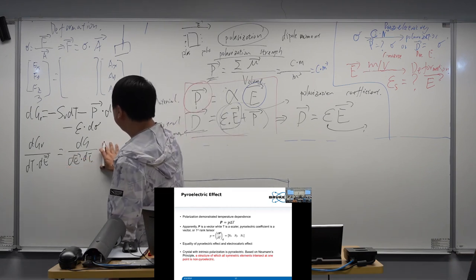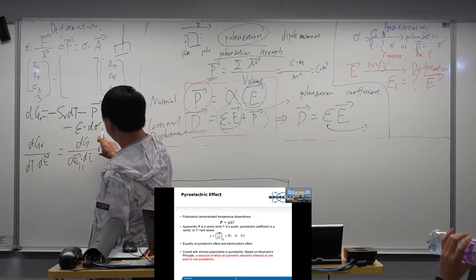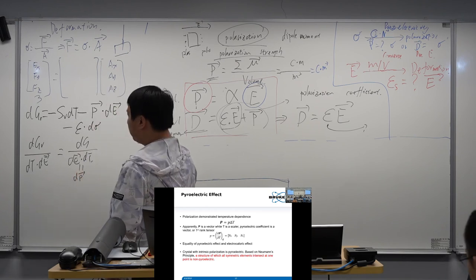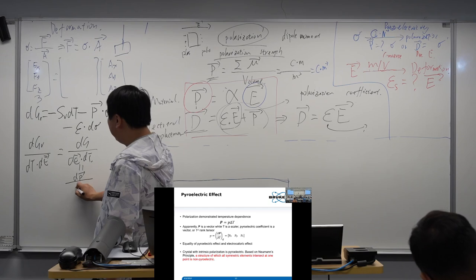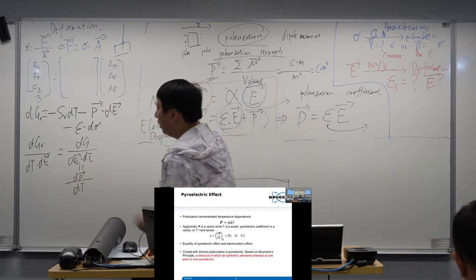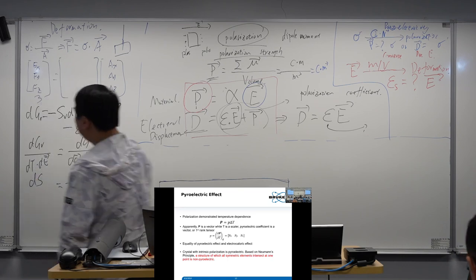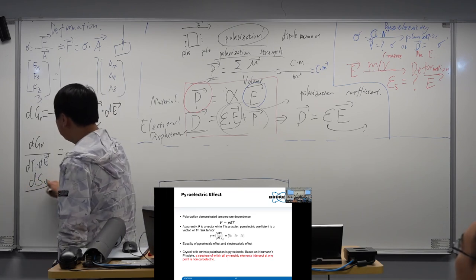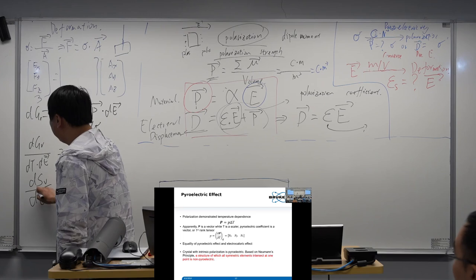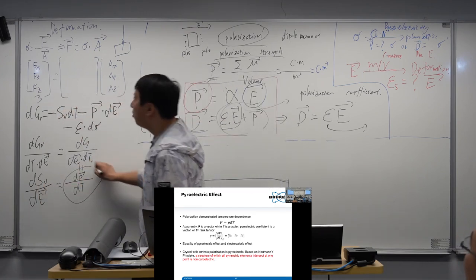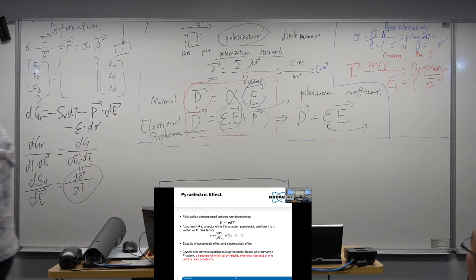So this right term is G over E. The polarization can be changed by temperature, which equals the entropy being changed by electric field. So this one is our pyroelectricity.